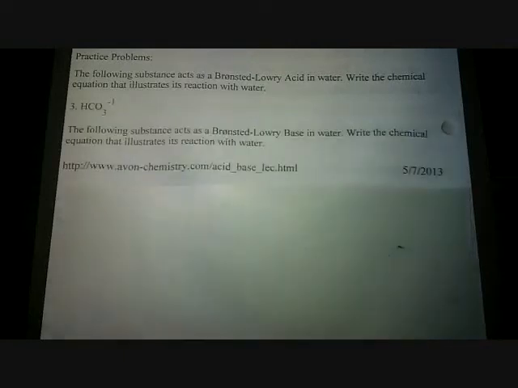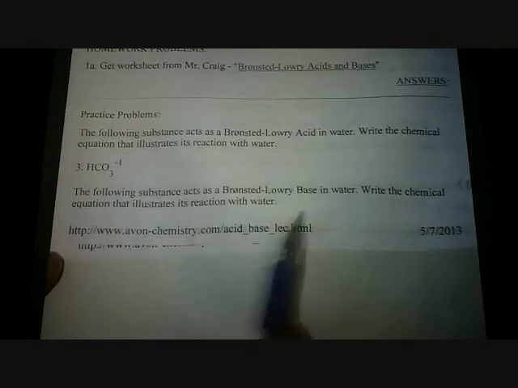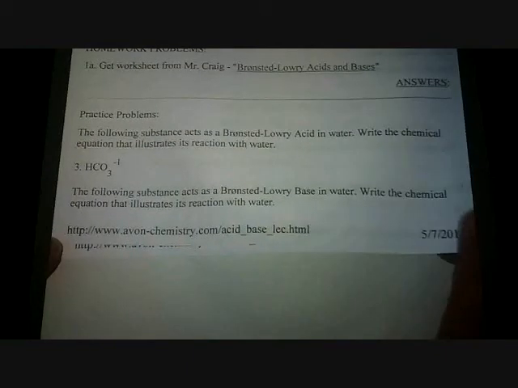I think there's another one. Yeah, sorry, the instructions are here. It says the following acts as a Bronsted-Lowry base in water. Write the chemical equation that illustrates the reaction with water.